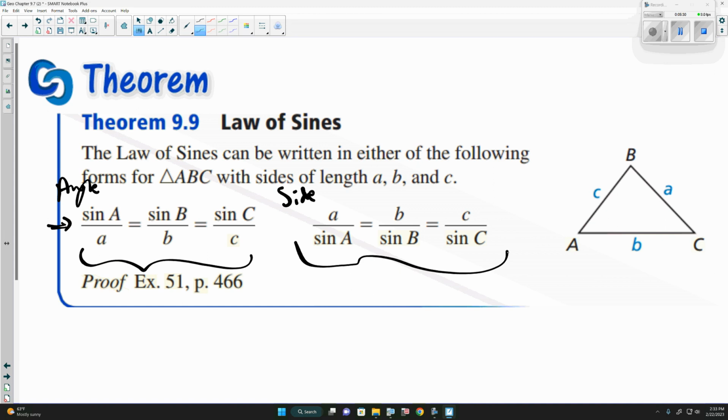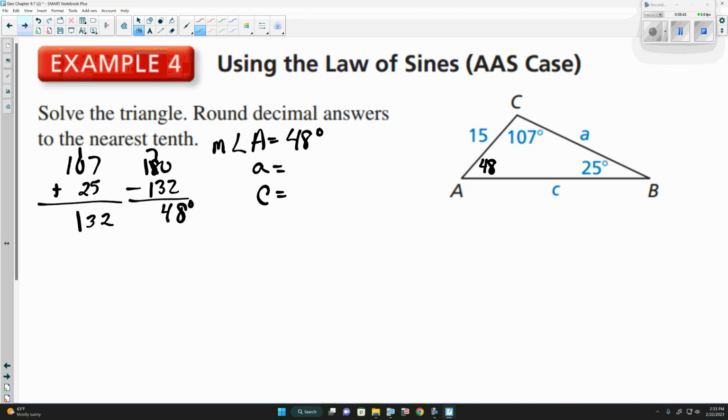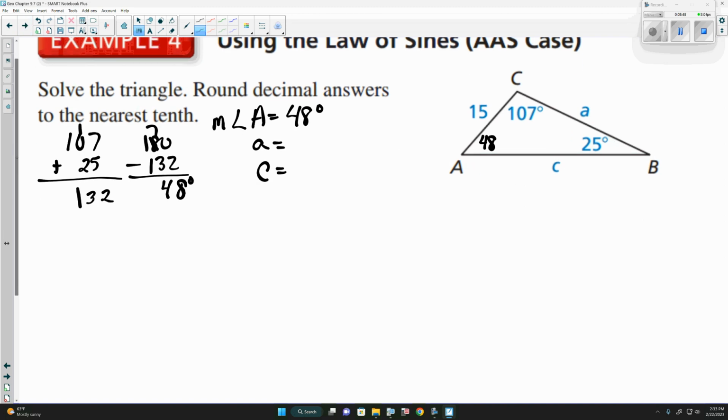So we're looking at this here as A over sine of A, B over sine of B, C over sine of C, where little a, little b, and little c are just side lengths. Capital A, B, and C are angles. So it's really side over the angle opposite is equal to side over the angle opposite is equal to side over the angle opposite. Which side do we have for sure?